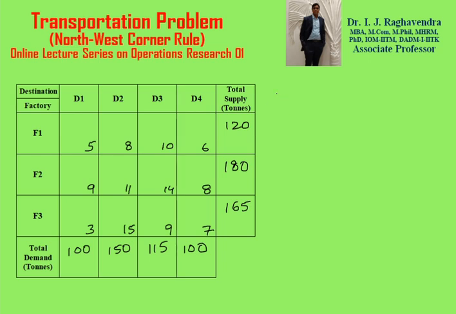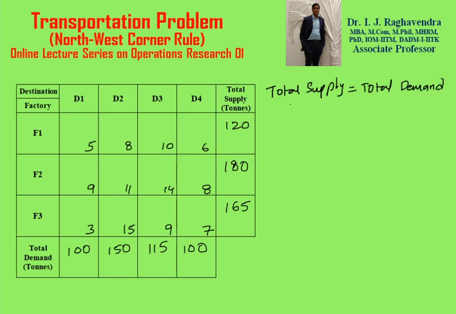To solve any transportation problem, first we check whether the given matrix is a balanced problem or an unbalanced problem. How can we know that? Simply, we have to equate total supply to total demand.